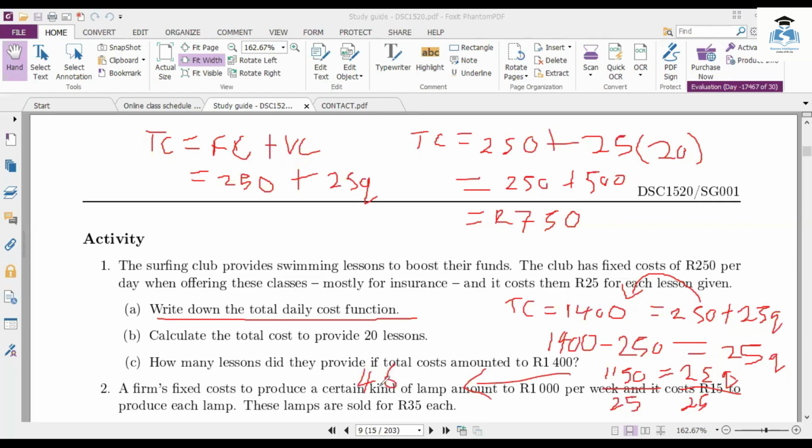Okay. So the question is saying how many lessons did they provide if total cost amounted to 1,400? So you are simply saying if the total cost is 1,400, they will provide 46 lessons. So that would be your answer. Is there a question? Anyone lost here? We're still together. Okay, perfect. So that's how you do it.